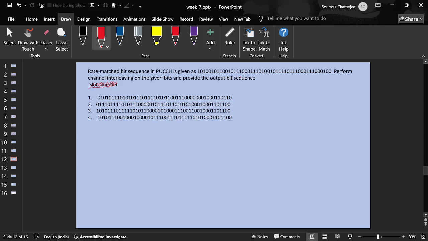If I calculate the number of bits, this is 5 here. This is another 5, 10. This is 15.